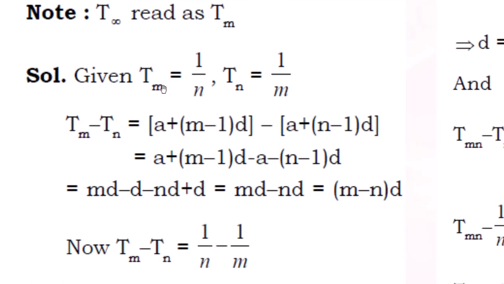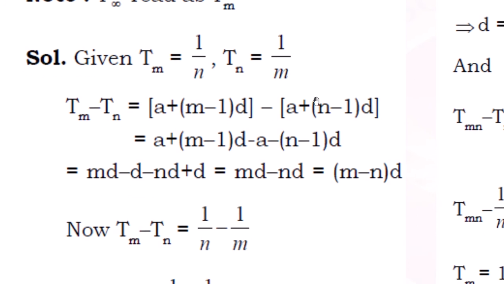So here given Tm equal to 1 by n, Tn equal to 1 by m. So Tm minus Tn, actually it is 1 by n minus 1 by m. But if you apply the formula, Tm is a plus m minus 1 into d. The formula of Tn is a plus n minus 1 into d.